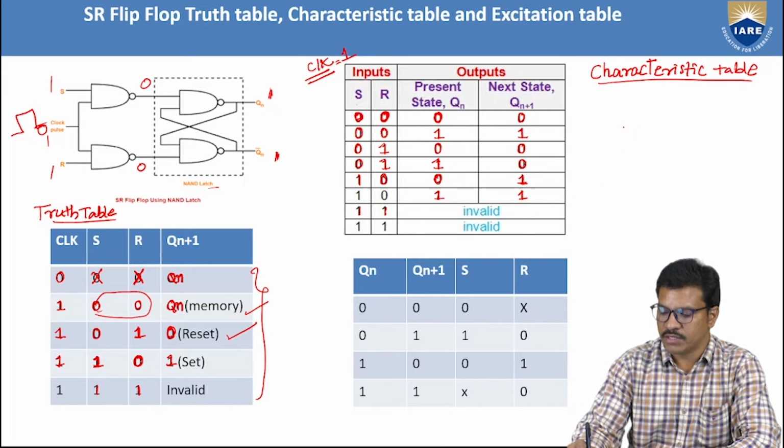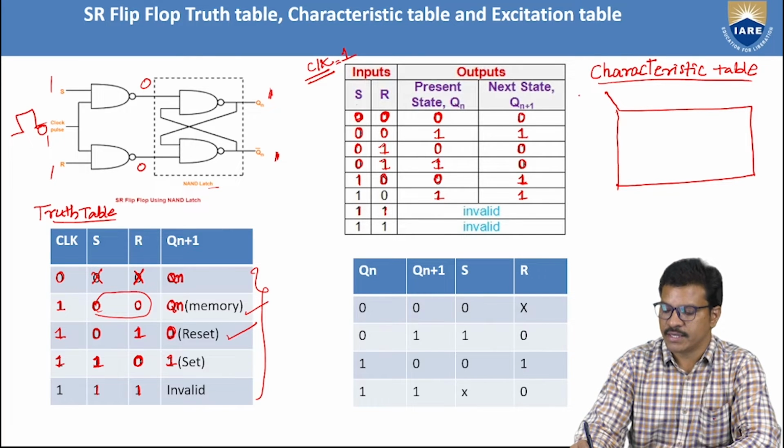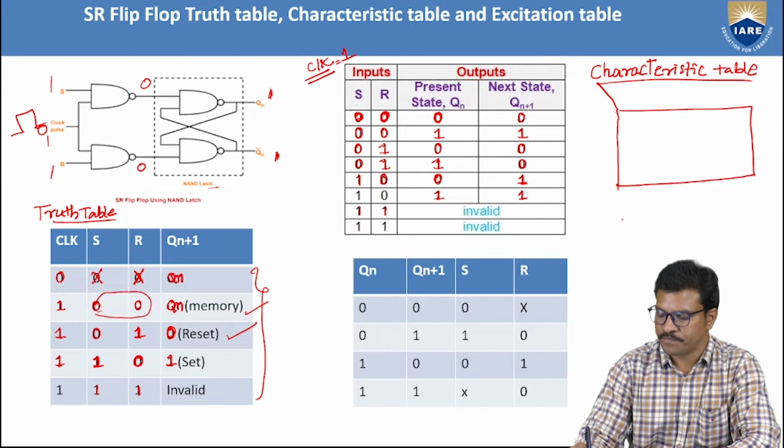I'll explain with this one how to get the characteristic equation from the characteristic table.